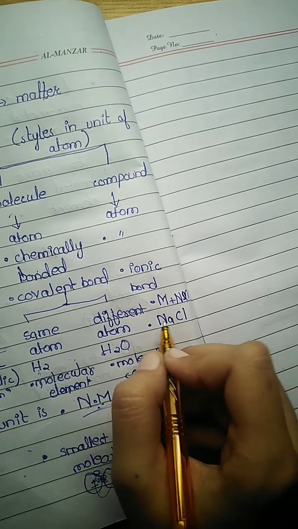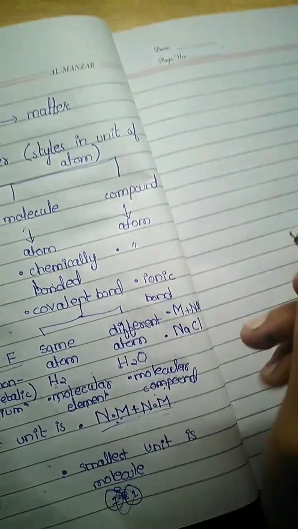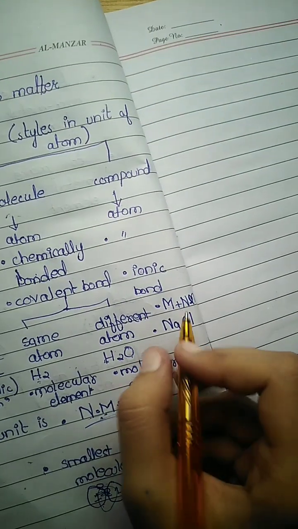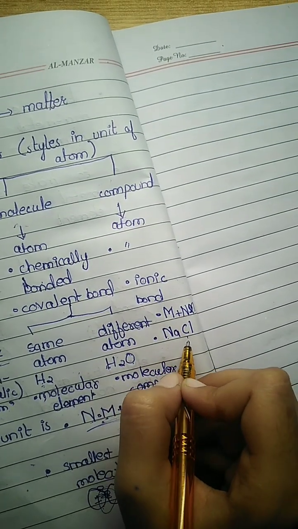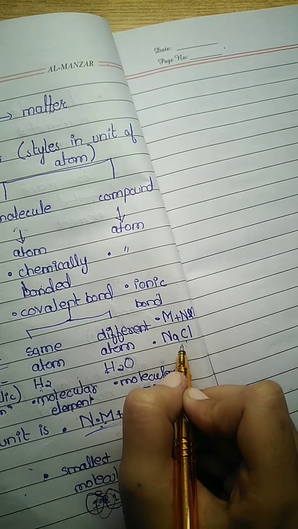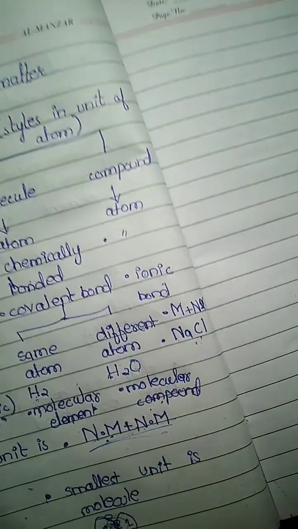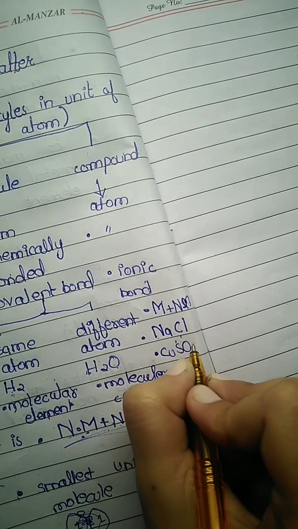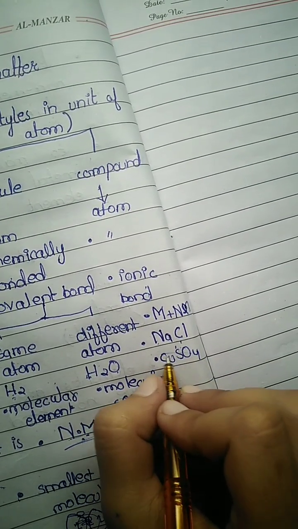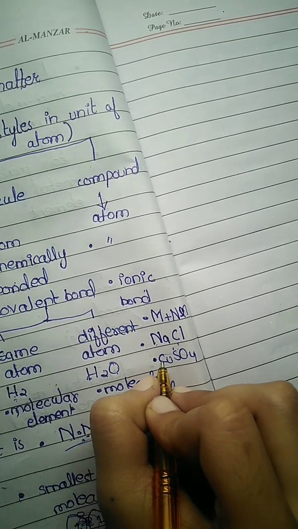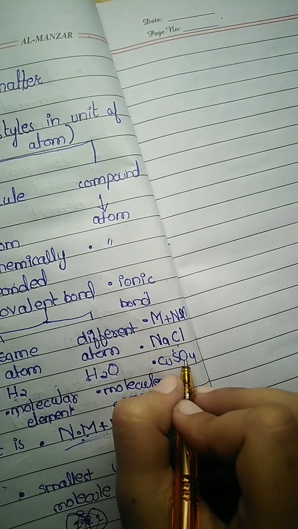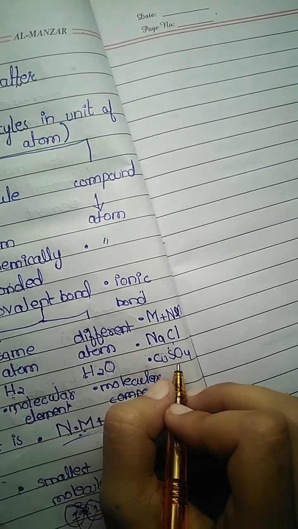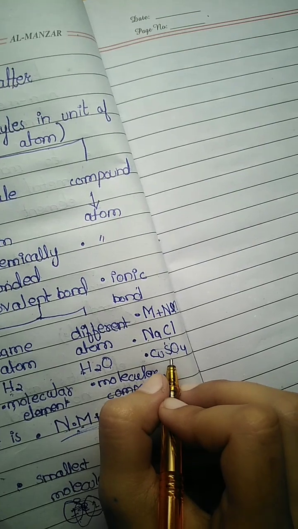They are chemically bonded, and it gives a compound because Na and Cl have an ionic bond between them. Another example is CuSO4. This is copper, this is sulfur, and this is oxygen. It has ionic bonds between them, and they form a compound.